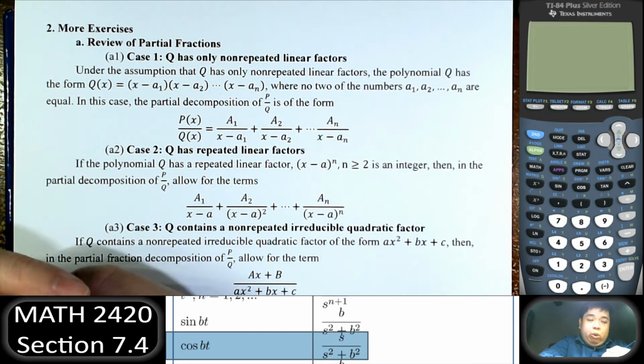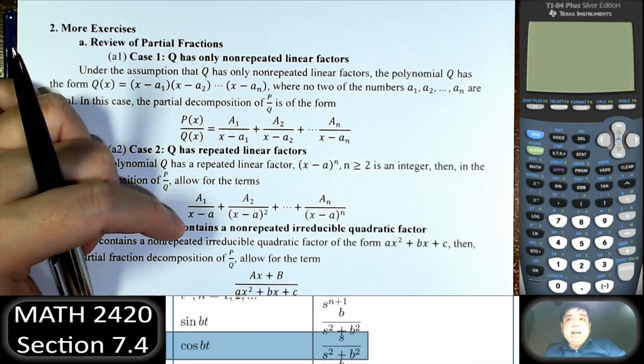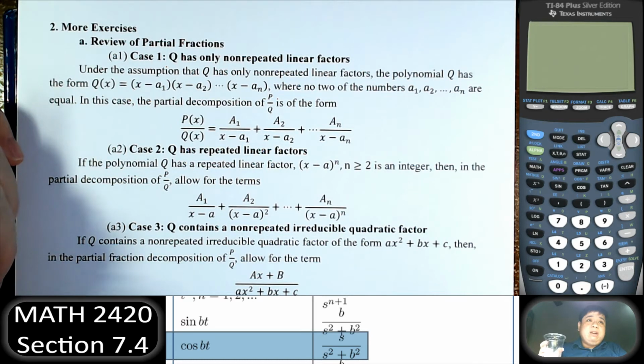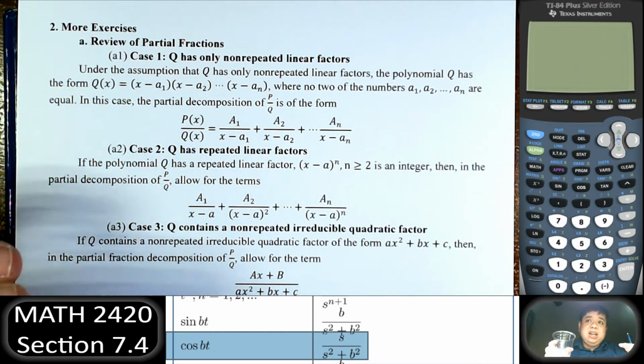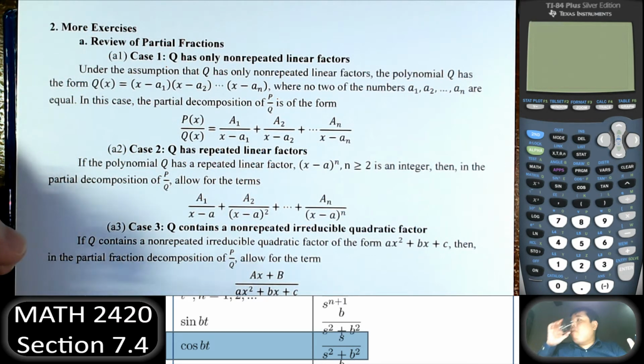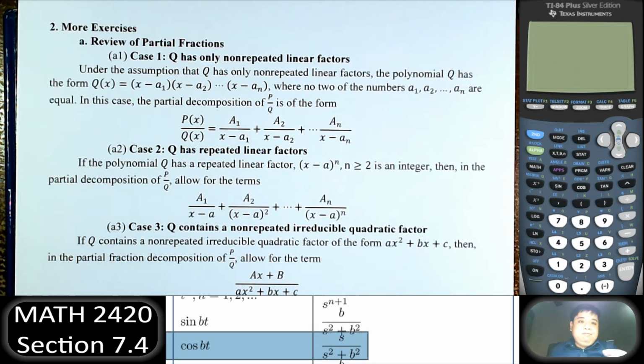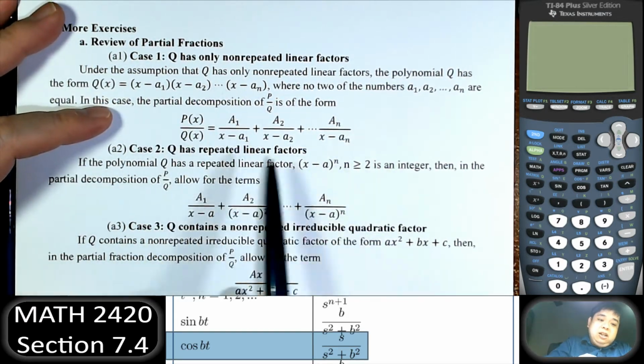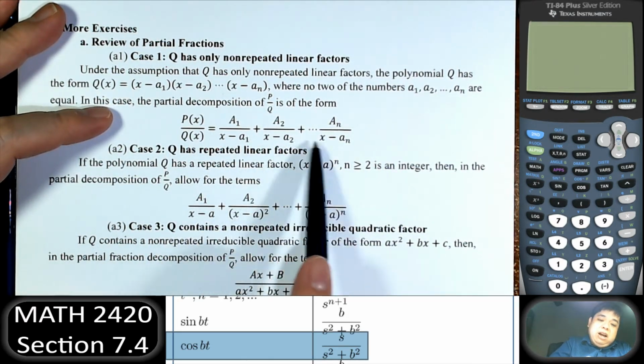At a high level, any polynomial can be factored into linear and quadratic factors. It will not be a cubic factor, because a cubic factor can always be factored into something smaller. So if we have a linear factor, then we just have the linear factor at the bottom.